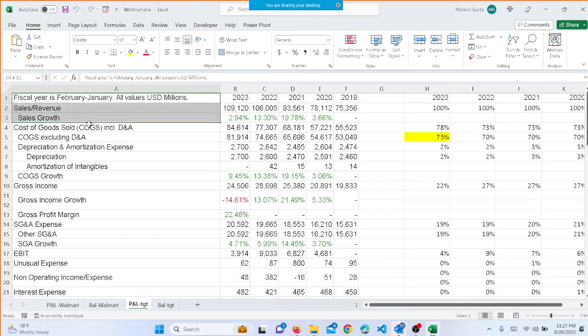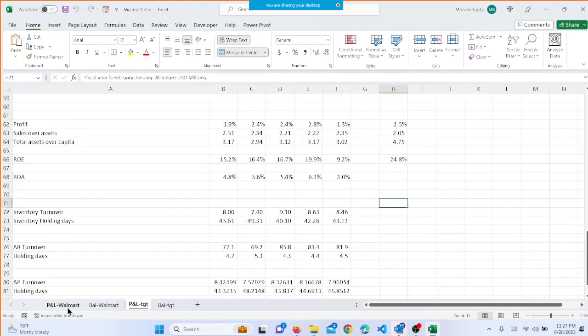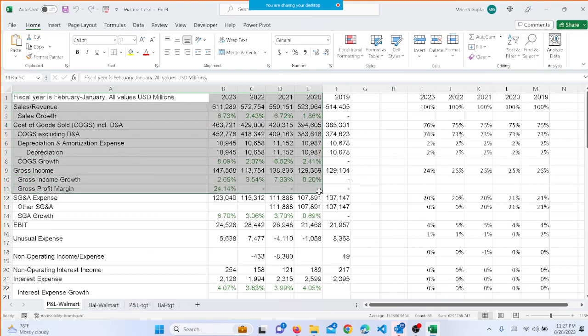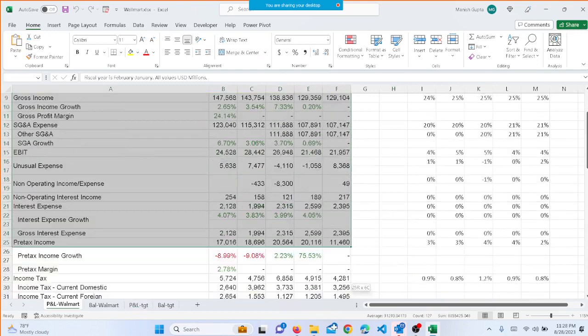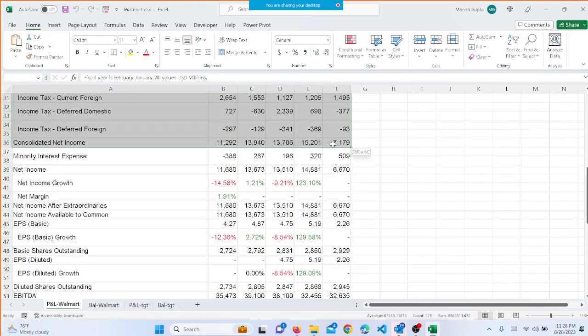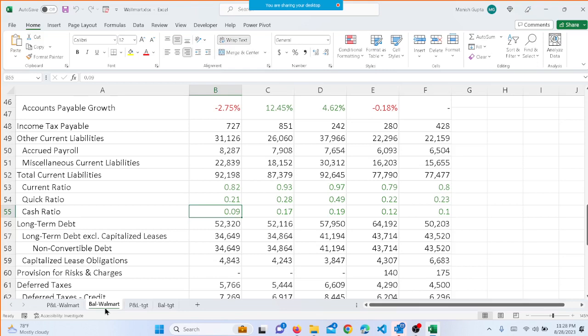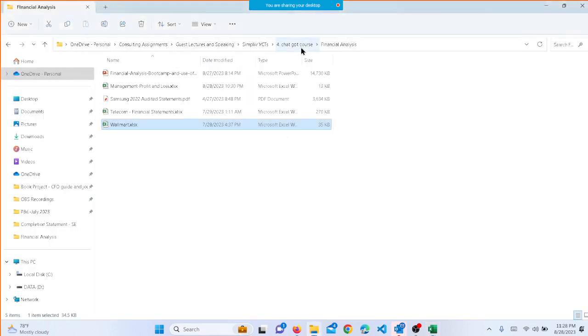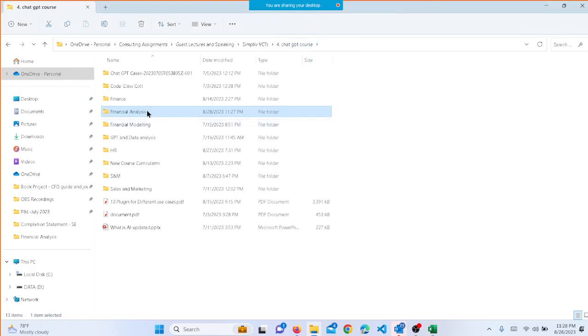It's data of Walmart over a period of time. This data has the P and L, profit and loss statement, and balance sheet. Let me open a different file I think, for this purpose.